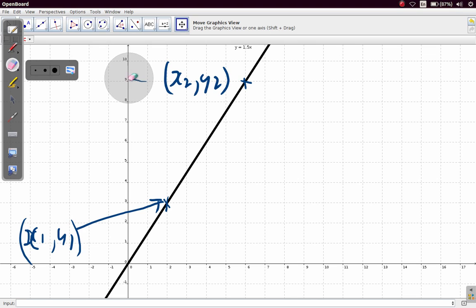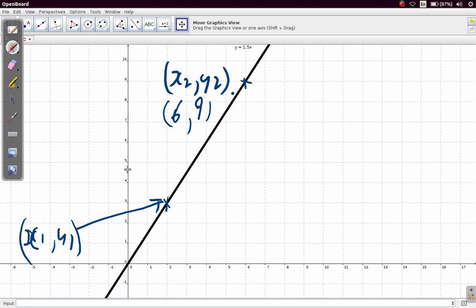Now, on this particular graph, we see that this point is above 6 on the x-axis and beside 9 on the y-axis. So the point is 6, 9.